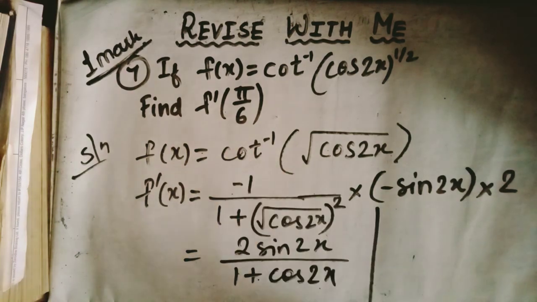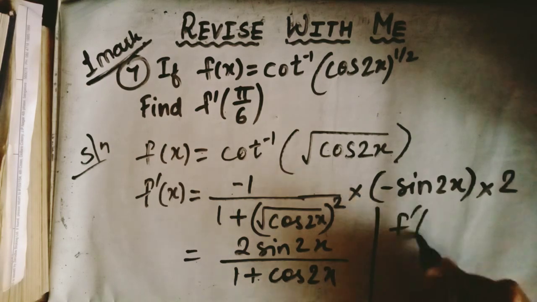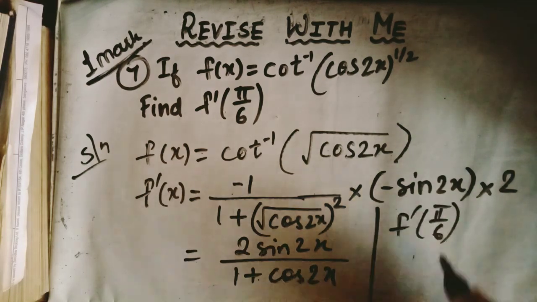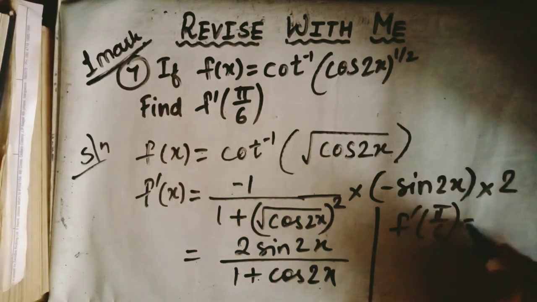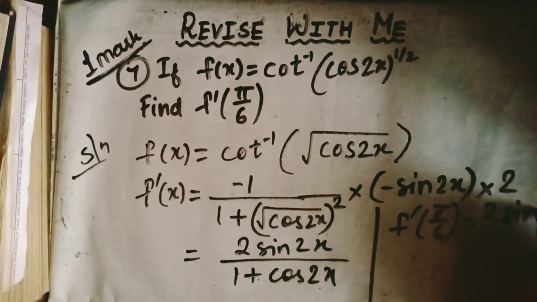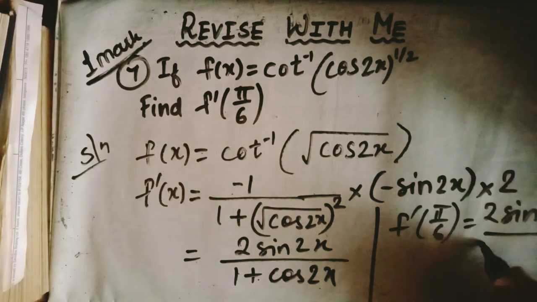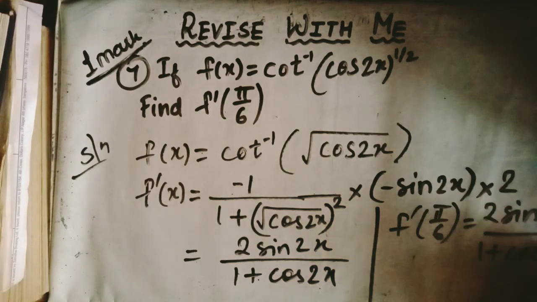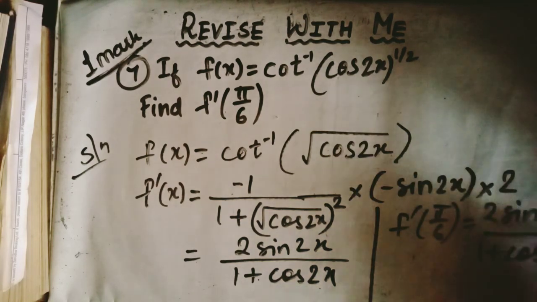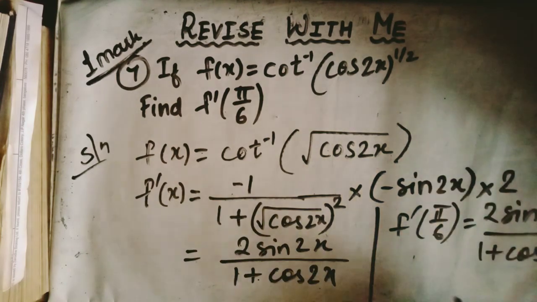Now at the point pi by 6, which is 30 degrees, so 2 into sine 2 into pi by 6 upon 1 plus cos 2 pi by 6. So this will be pi by 3.